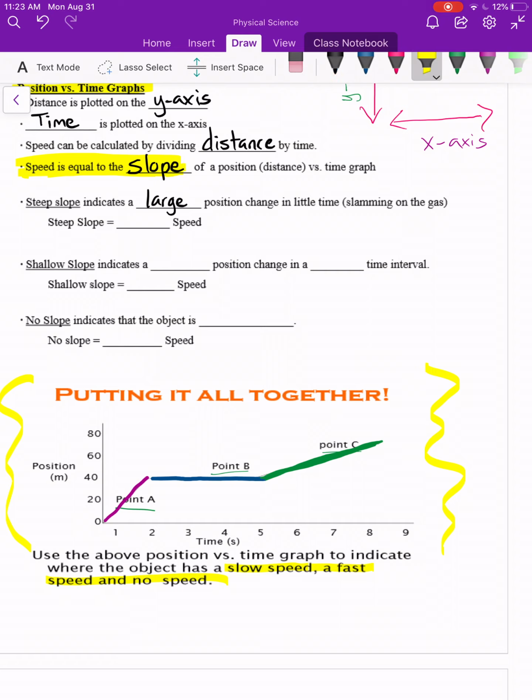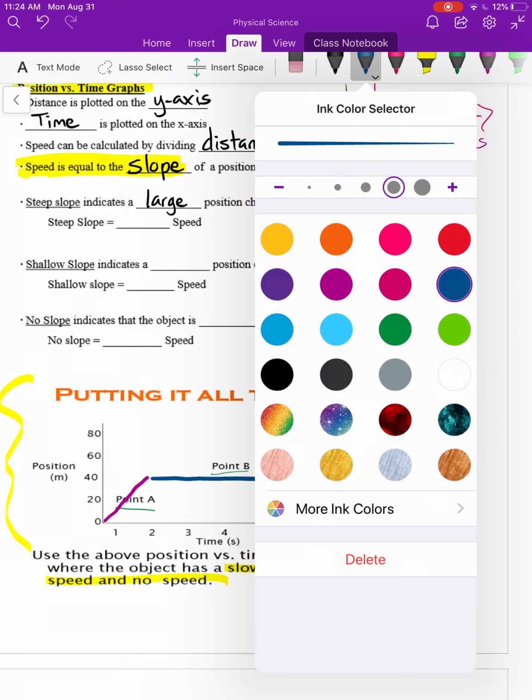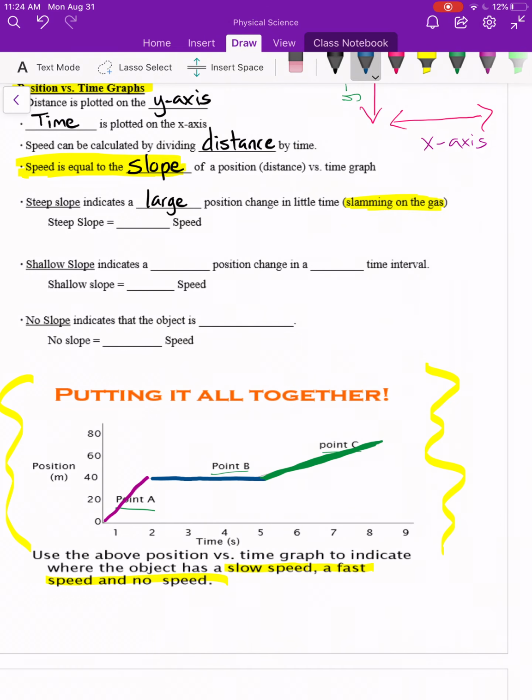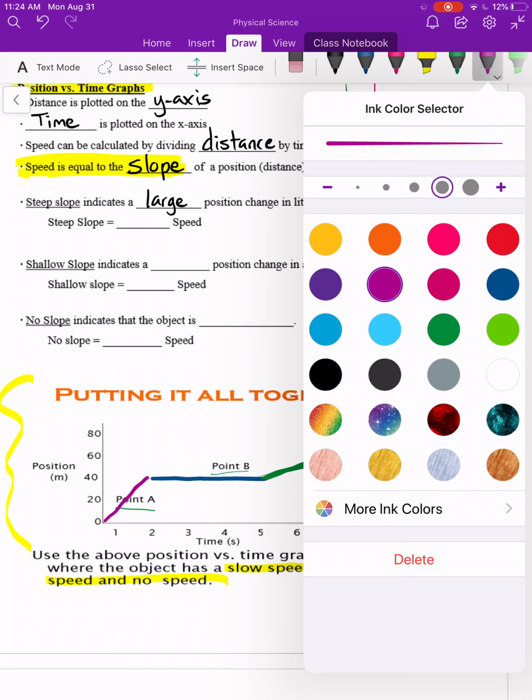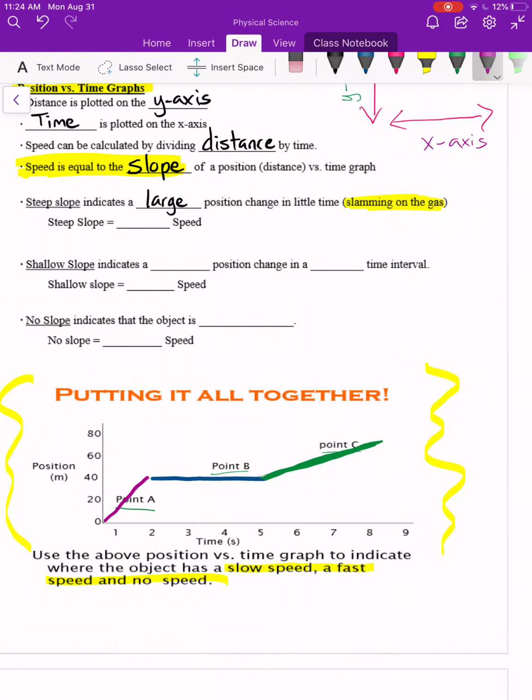That is the equivalent of me hitting the gas and not coming off of it. So I'm probably traveling at a very fast speed. Actually, let's go ahead and color code it. So fast speed would be that point A, fast speed.